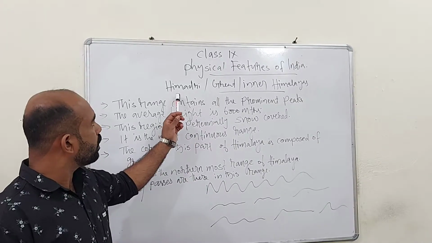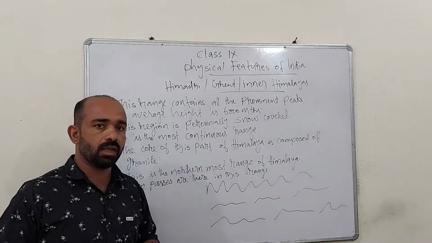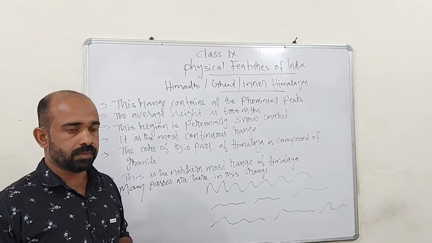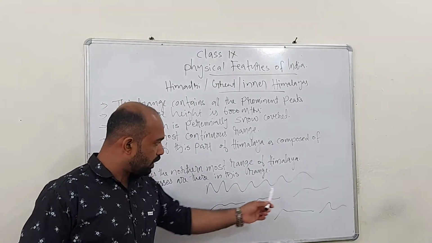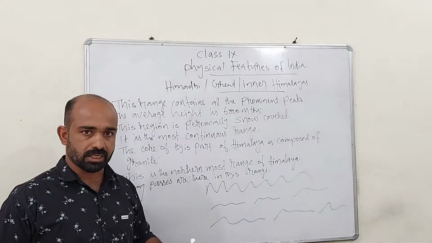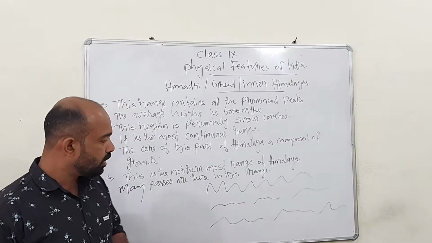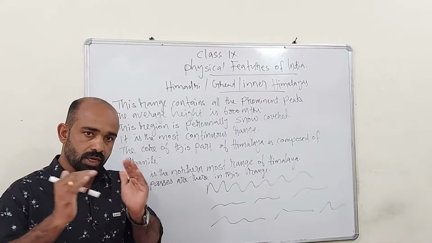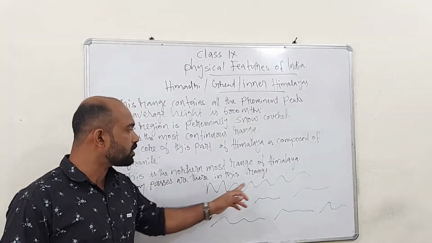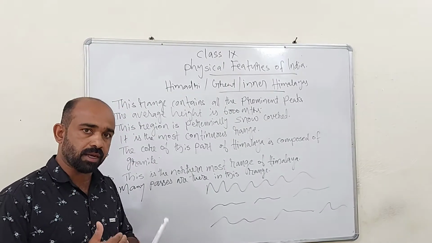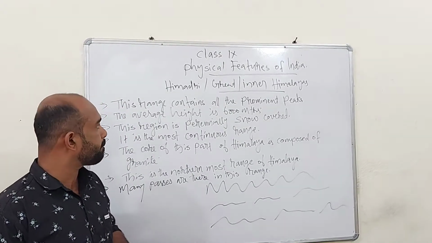Now let us study the topic Himadri, Great Himalaya or Inner Himalaya. Here you can see three ranges. The northernmost range of Himalaya is known as Himadri, Greater Himalaya or Inner Himalaya.